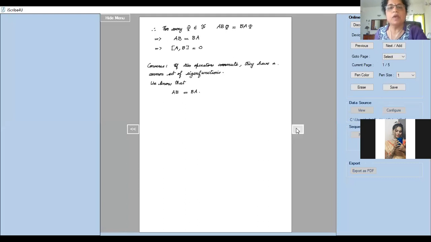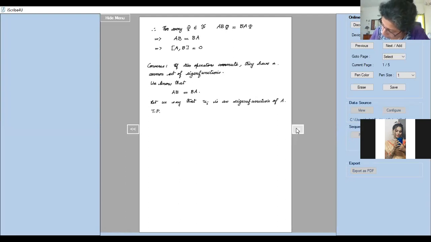So what do we try to do now? Let us say that ui is an eigenfunction of A.